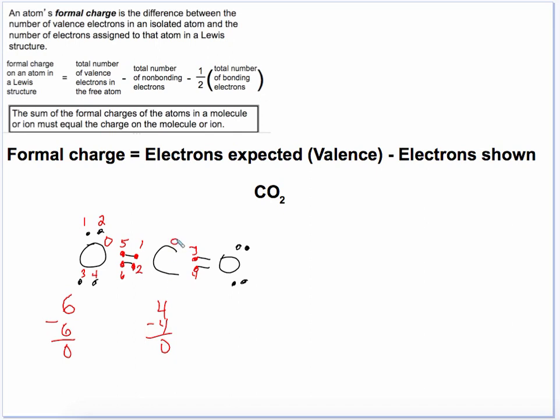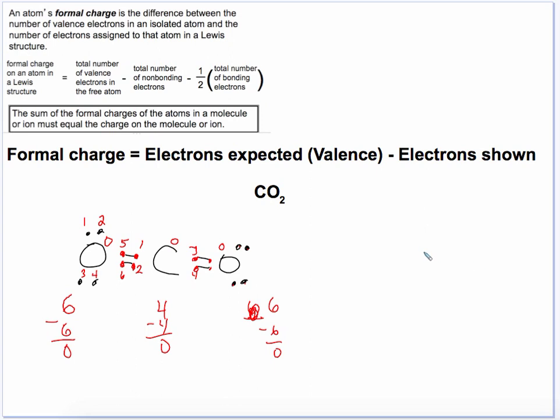So carbon's formal charge is 0. Now let me do this other oxygen, although you can see it's exactly the same as the first oxygen. It's 6 minus 1, 2, 3, 4, 5, 6, so that's also going to be 0.